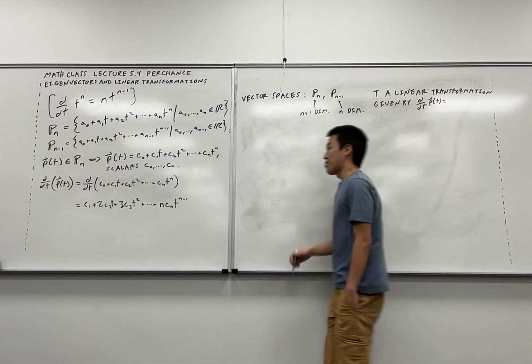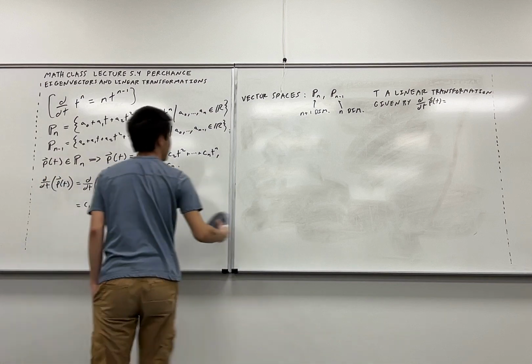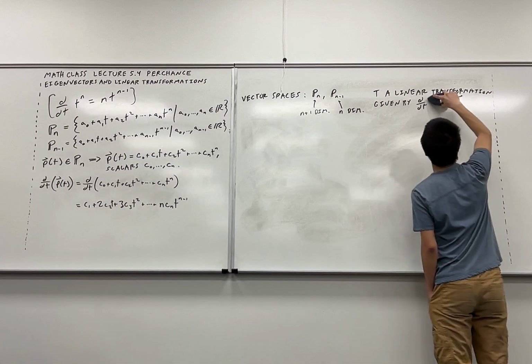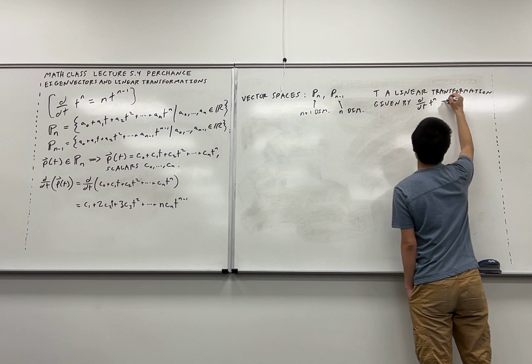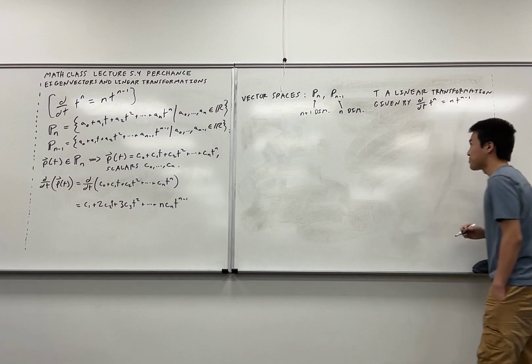Well, I have to actually state the polynomial for the rule. But effectively, I have T from Pn to Pn minus 1, okay?